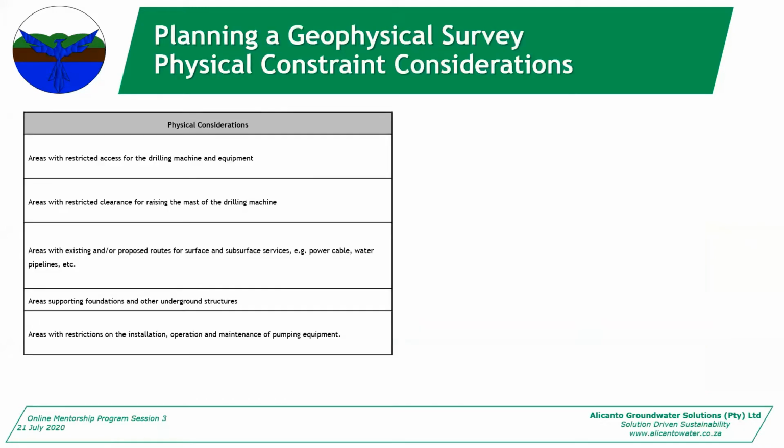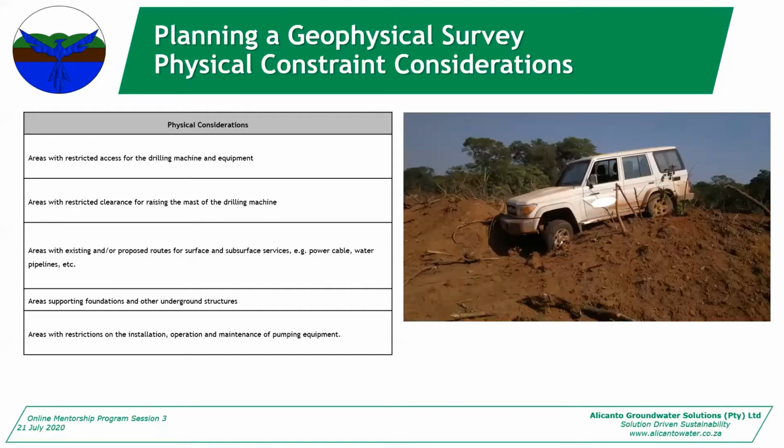Physical constraint considerations you need to take into account when you're planning your survey. First one, and the most important one, is can the drill rig actually get there? Don't plan your survey in areas that are restricted for the drilling machine and the equipment that you need to actually drill the borehole. Make sure that you can get there.